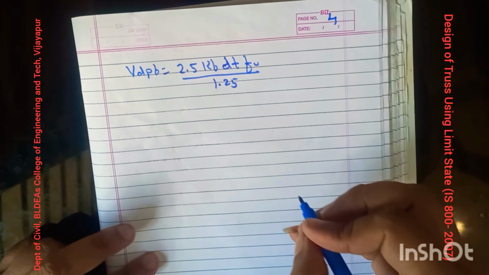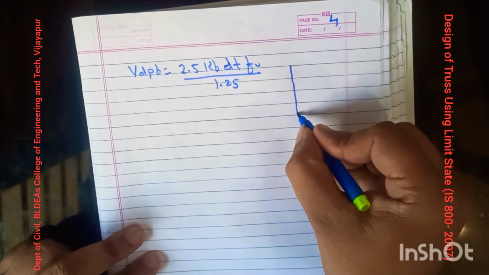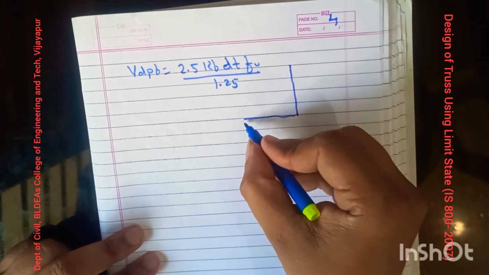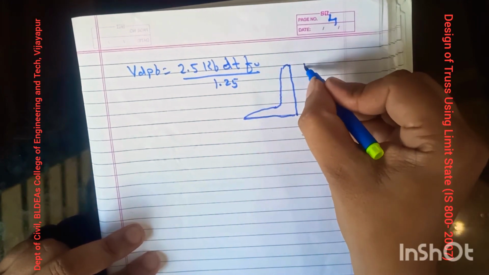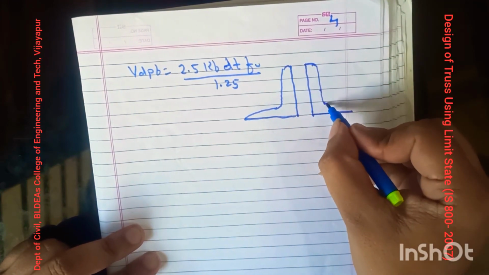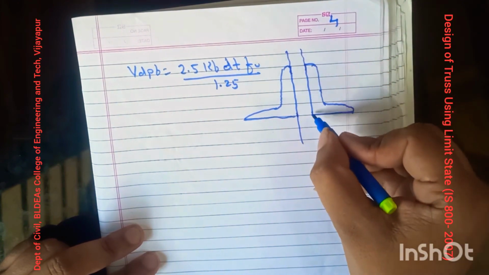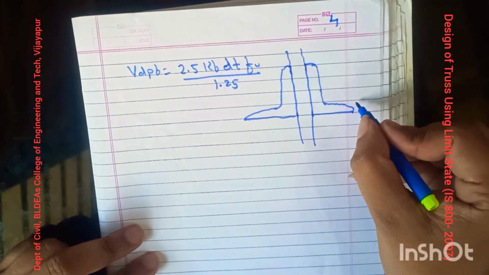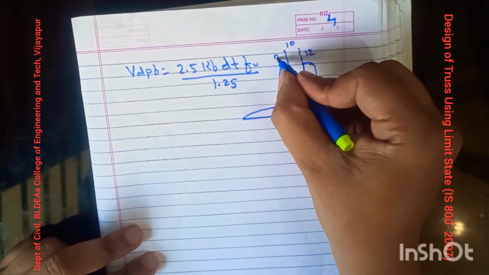The remaining term is t. So now if I draw the double angle figure here, this is the gusset plate and these are the angles. This thickness is 12 mm, the gusset plate thickness is 10 mm, this is 12 mm.